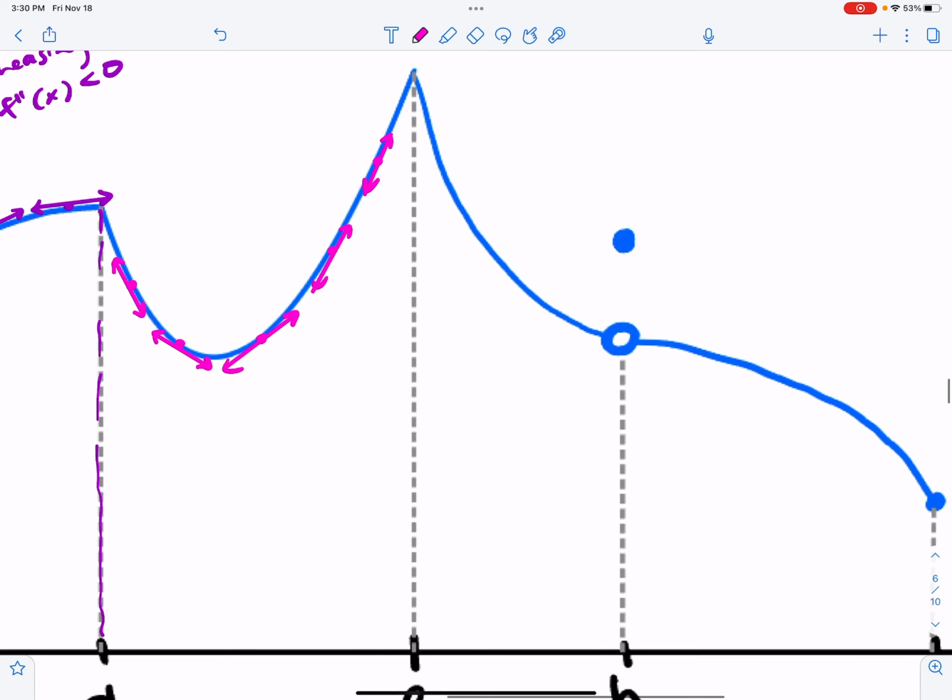Okay, so on that interval, it looks like we start with some pretty steep negative sloping lines, and then they're becoming less steep, and then switching to positive. So we're able to say that f prime is increasing on this interval, and therefore f double prime would be greater than 0 on that interval, would be positive.